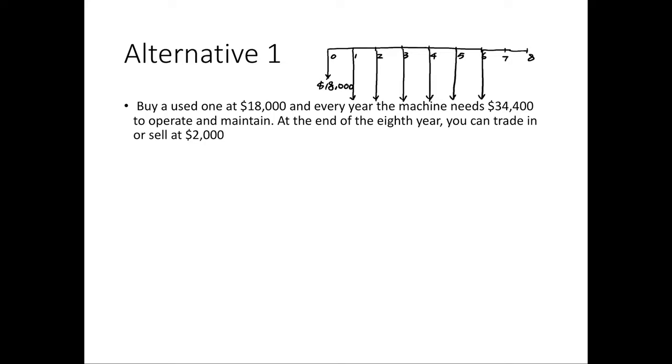So from the end of the first year until the end of the 8th year, as long as you want to use it, for every 1 year span, you need to pay the maintenance and operation fee. And that annuity is 34,400.